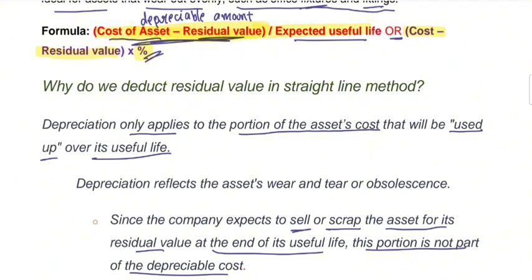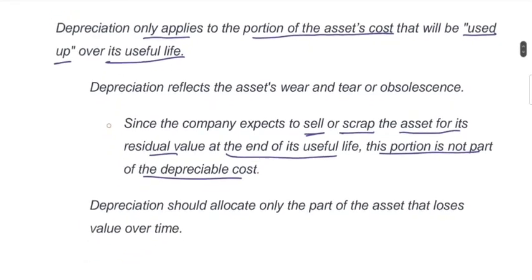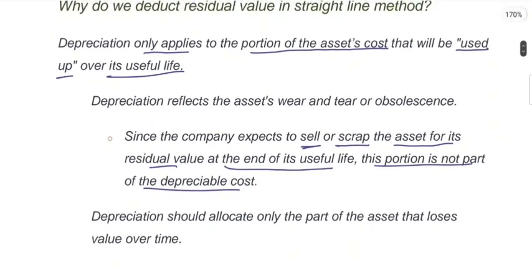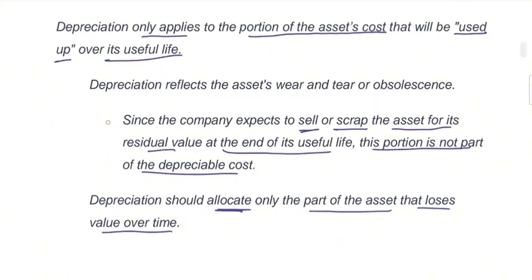So that is the reason why we deduct the residual value, because we should only allocate the part of the asset that loses value over time. Residual value, we want to keep it preserved because this is the value at which we would want to sell the asset at the end of its useful life. The remaining value of the asset is what is going to be consumed by the entity over the useful life.